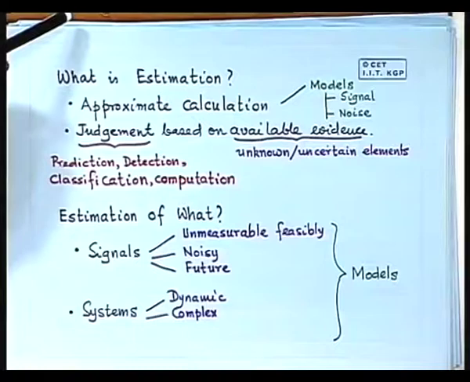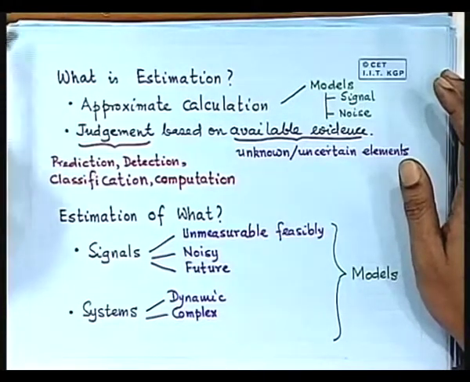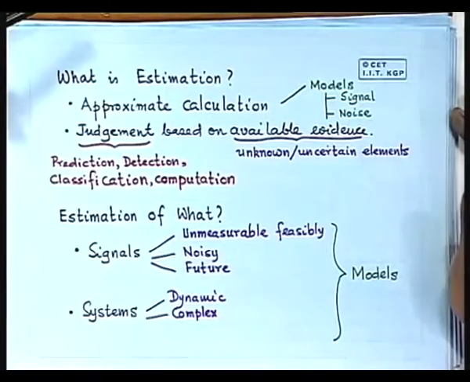So, here when we talk about estimation, we are trying to calculate what? We are trying to calculate signals, or we are trying to calculate systems. That is why the course is called estimation of signals and systems.